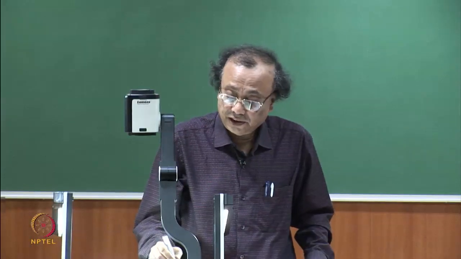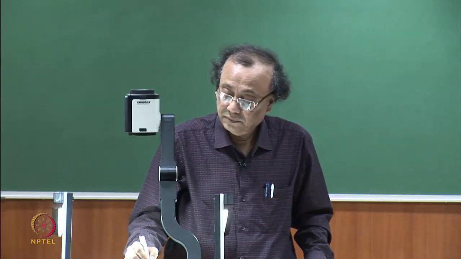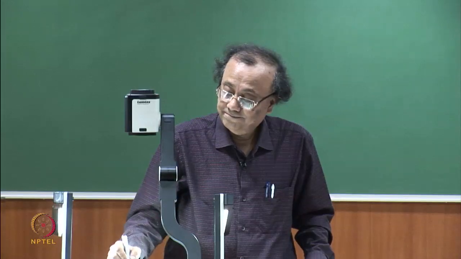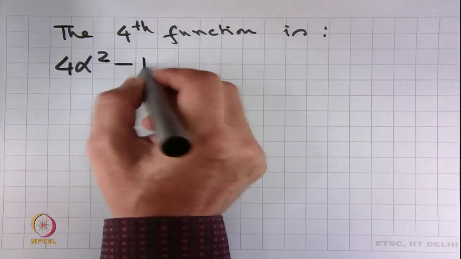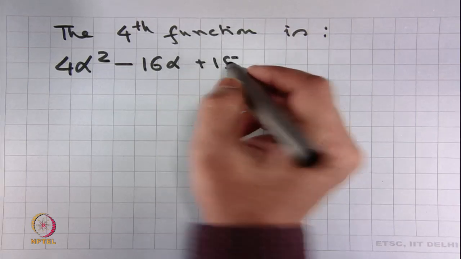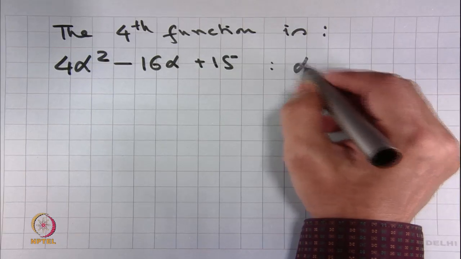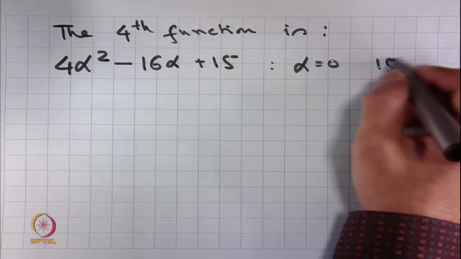And the fourth function is 4 alpha square minus 16 alpha plus 15. Its value at alpha is equal to 0 is 15.